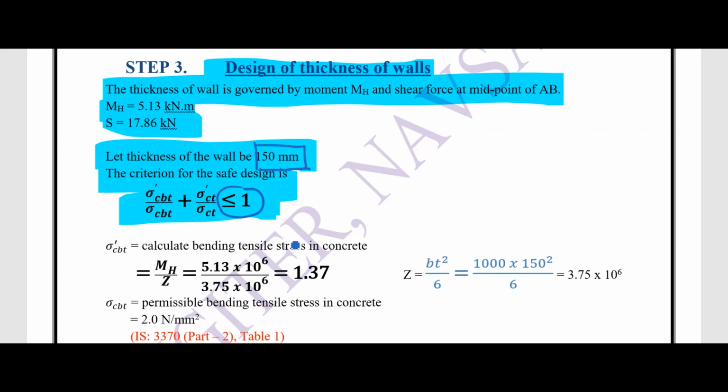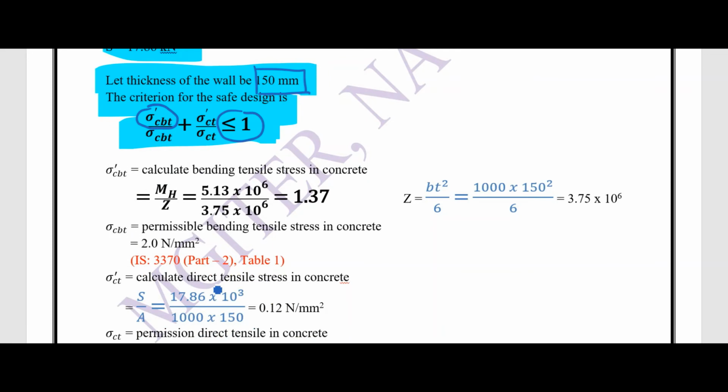Now we are going to calculate the value for sigma CBT and sigma dash CBT. For sigma dash CBT, we have the equation MH upon Z, where MH means moment and Z means bt square by 6. B is equal to 1000; we assume 1 meter width into 150 squared thickness, divided by 6.